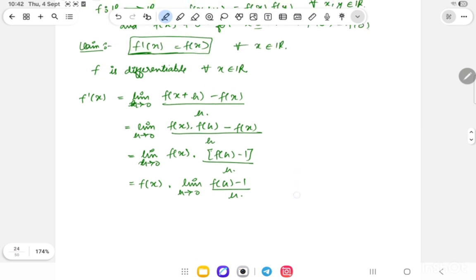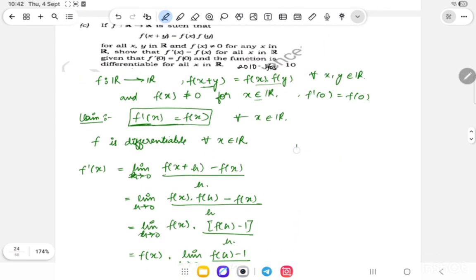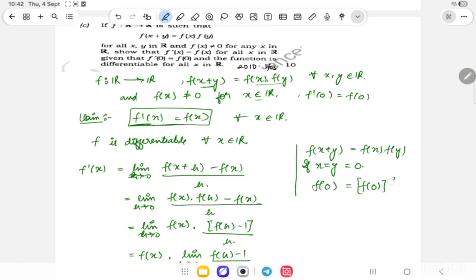Now I am supposed to find out the value of f(0). From f(x plus y) equals f(x) f(y), if I take x equals y equals 0, then f of 0 will be equal to f of 0 whole squared.